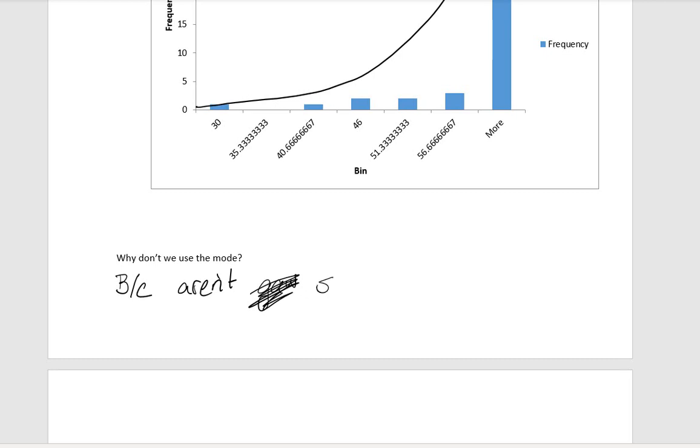Anyway, we aren't sure if we'll have one, because to have a mode, you have to have the exact same observation multiple times. So what can happen is that either one, we only have every observation once, or two, we have so many different observations that occurred multiple times, the mode becomes meaningless.